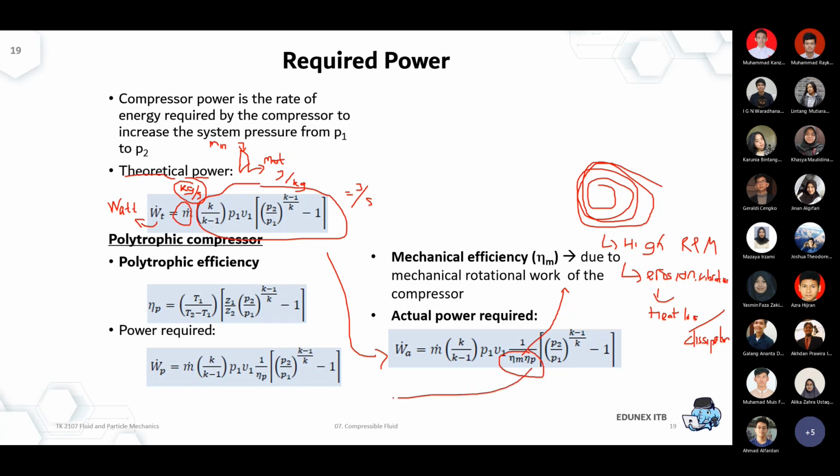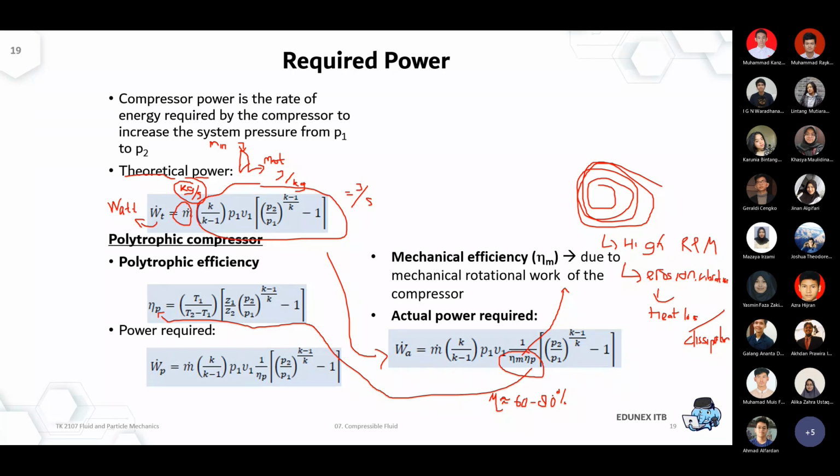But sometimes, and most of the time actually, you have another efficiency of the compressor itself. This efficiency would be in the order of, I would say the general one, 60 to 80%. For a very good compressor, it can be as high as 85%.